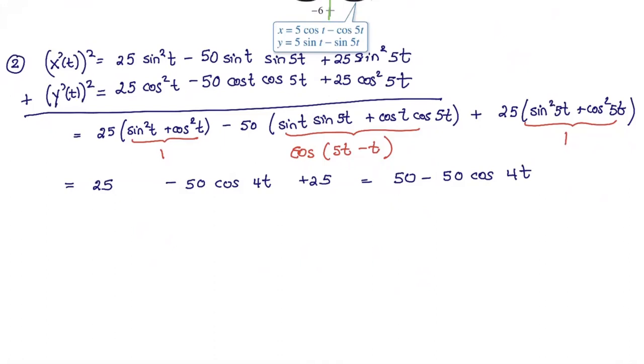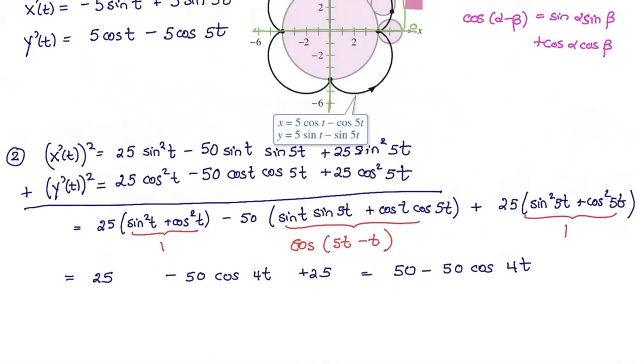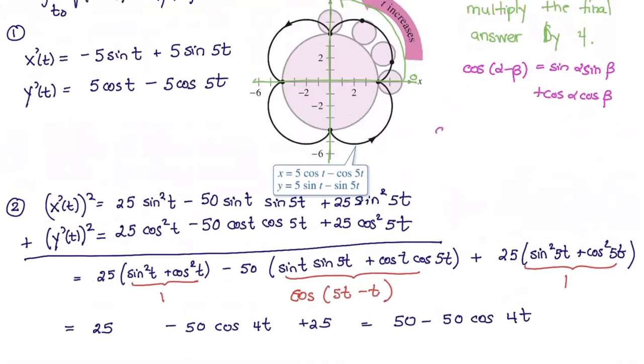So I'm going to use another identity, which I will write up at the top, and that is the double angle formula for cosine of 2 theta, which is going to equal 1 minus 2 sine squared of theta. I could have used 2 cosine squared of theta minus 1 if I wanted to also.